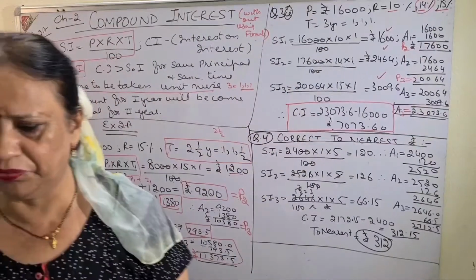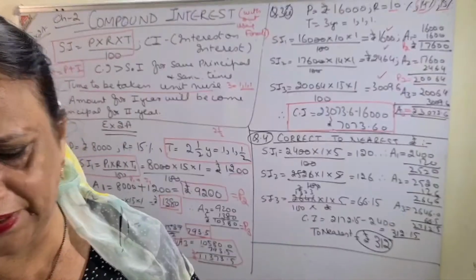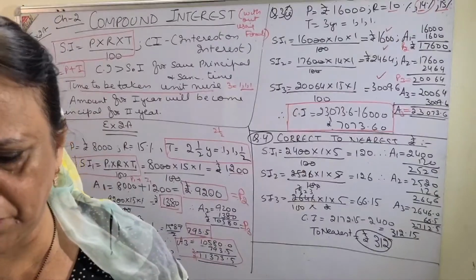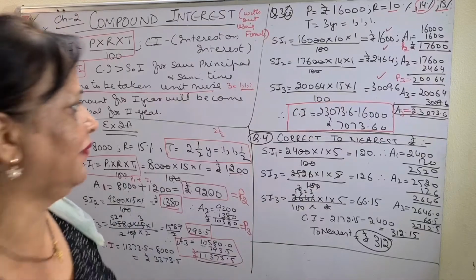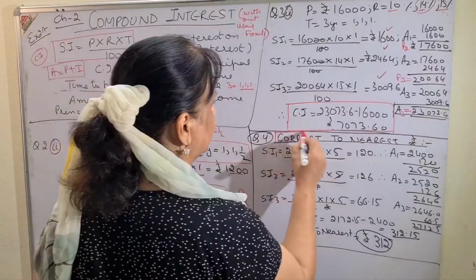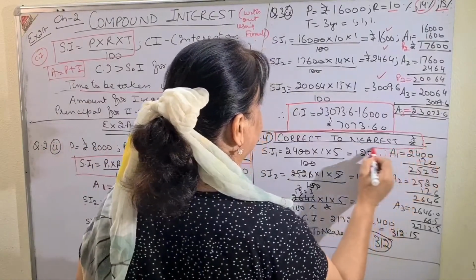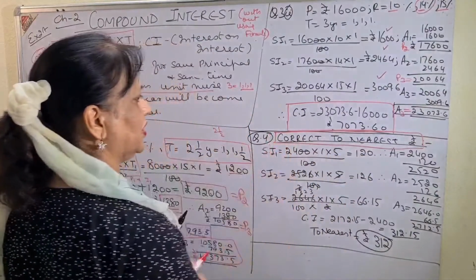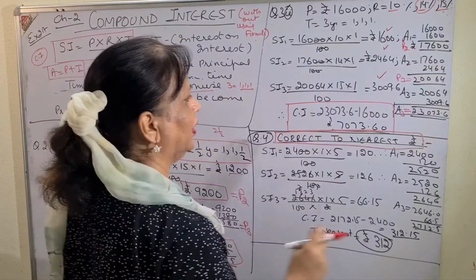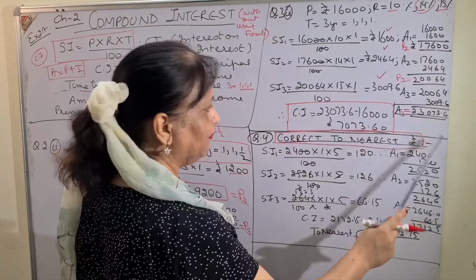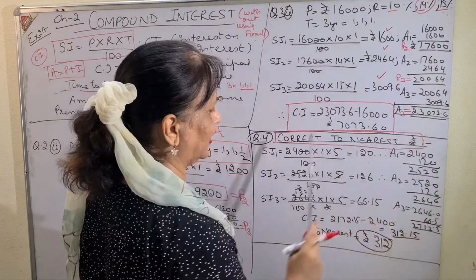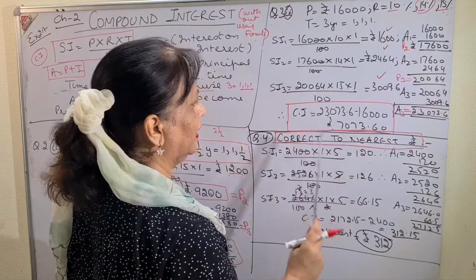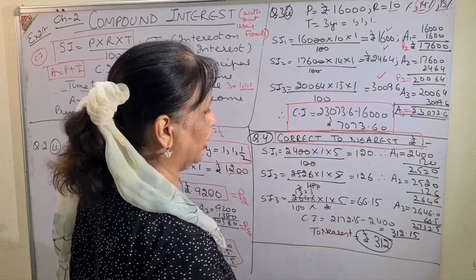Then come to question number 4. A little difference again, a very easy one. Find the compound interest correct to the nearest rupee. I have written here correct to nearest rupee. This carries a full 1 mark. How come? The question is totally the same as we have done before. Please write the data, because you have to write the data first. Data means principal was 2,400, rate was 5%, and time was 2.5 years.